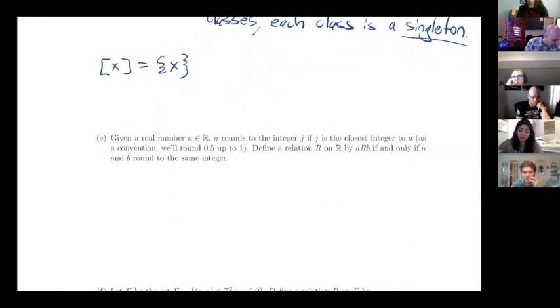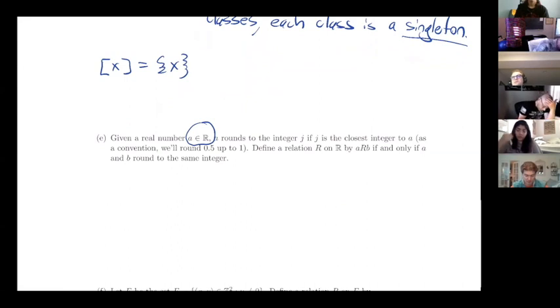Okay, so in E, we're going to think about some equivalence class that we can define on the real numbers. And so we've got not just whole numbers, not just integers here. And we're going to define two numbers to be related if and only if, when we round them, they round up or possibly down to the same integer.